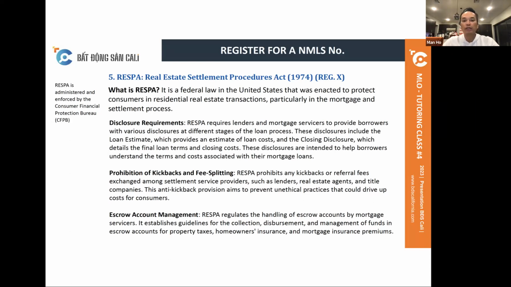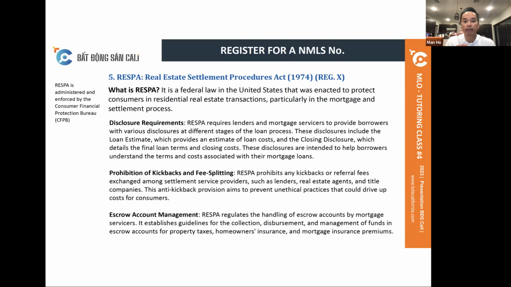This was introduced back in 1974 for Regulation X. So when you hear about RESPA, you have to try to fit it into something regarding the transaction of real estate, or the procedures in making that transaction complete.